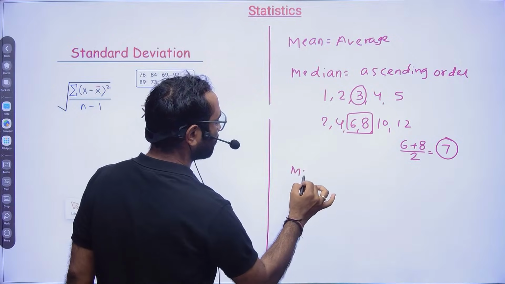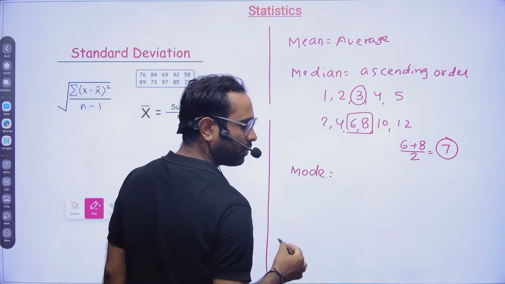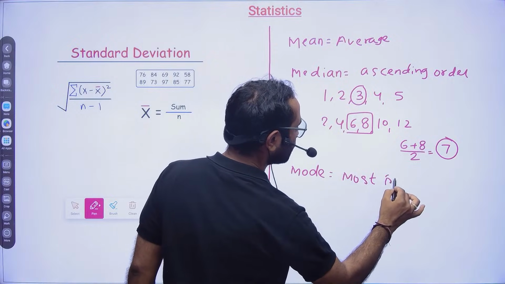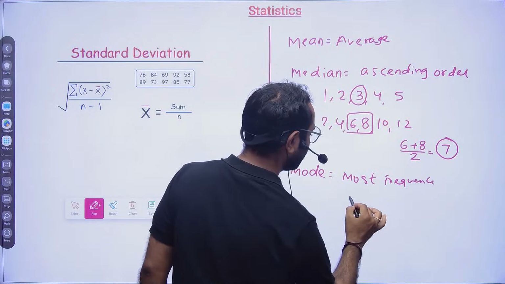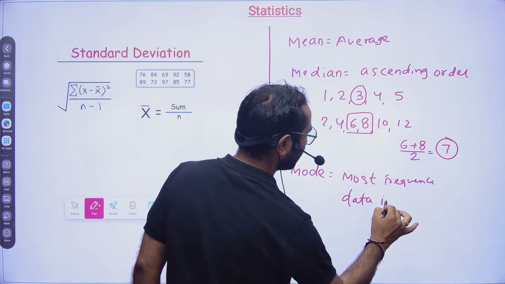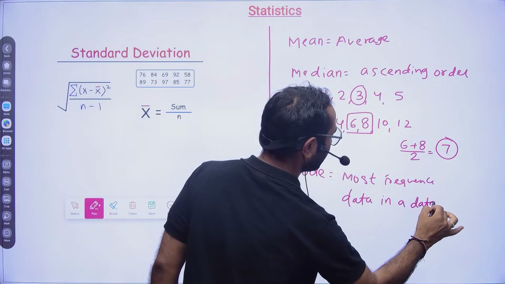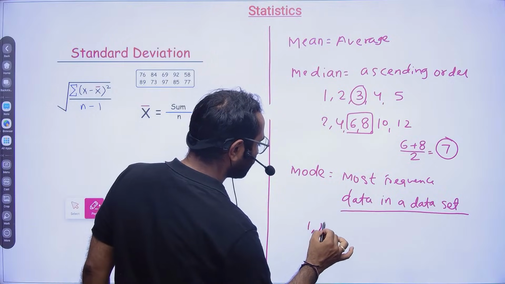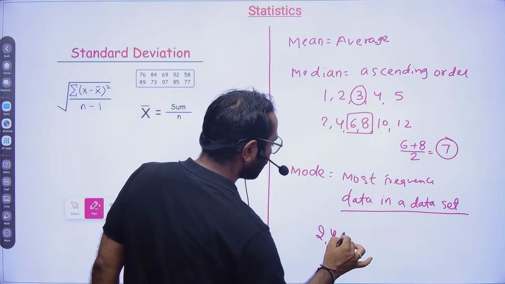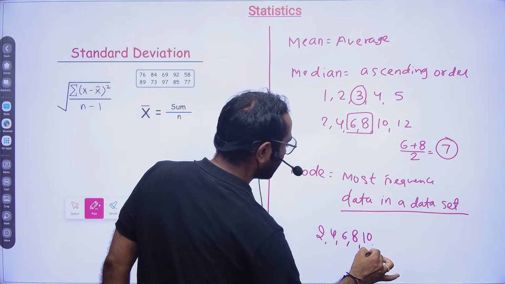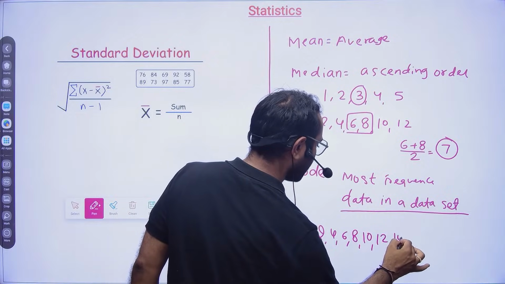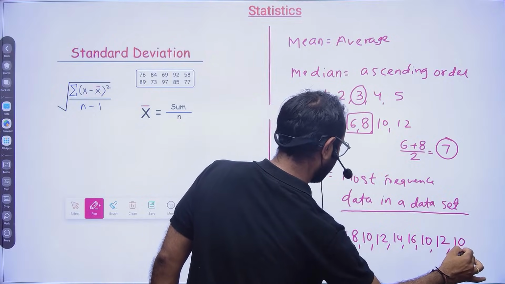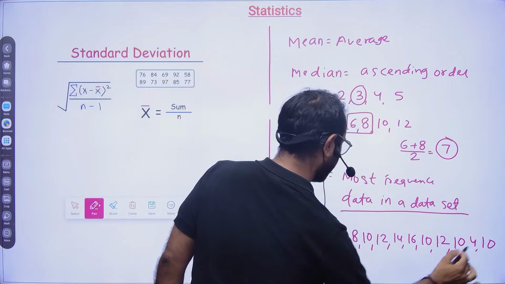Now the third one is mode. Mode is the most frequent data in a data set. Now if I tell you 2, 4, 6, 8, 10, 12, 14, 16, 10, 12, 10, 4, 10, what is the most frequent data?